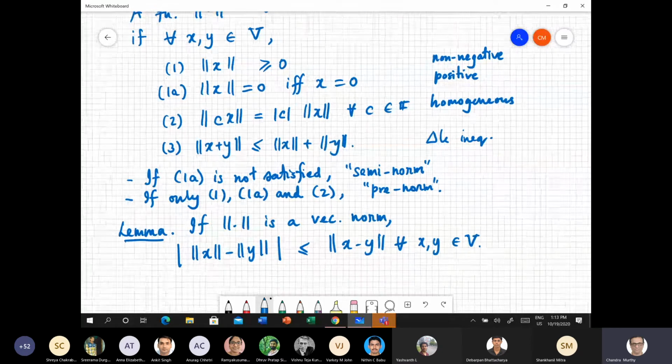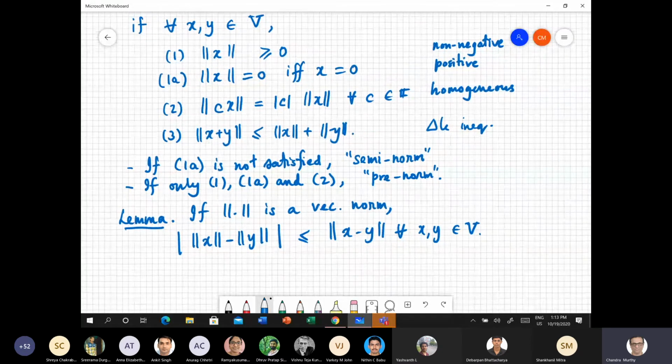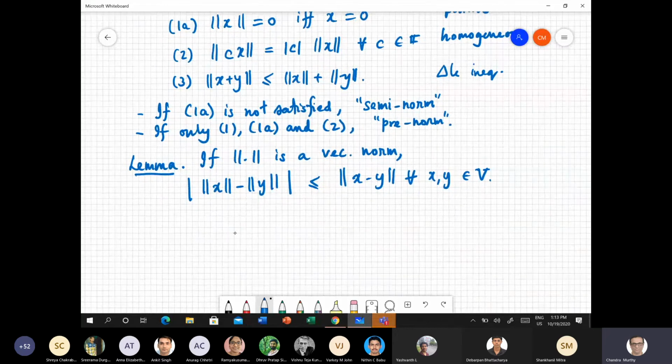You can see that this is very similar to the triangle inequality. If I just want to illustrate this by a picture in 2 dimensions, then if I have a vector x and another vector y, then x minus y is actually this vector. So let's change color.